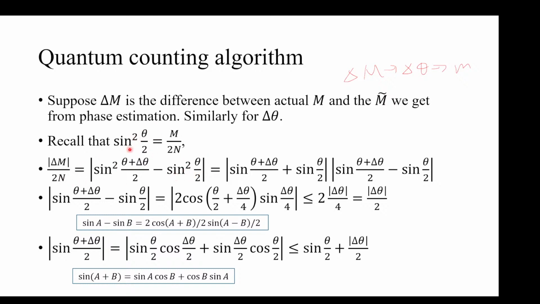Here we are implicitly saying that theta tilde equals theta plus delta theta. So it's sine squared of (theta plus delta theta) over 2 minus sine squared of theta over 2.